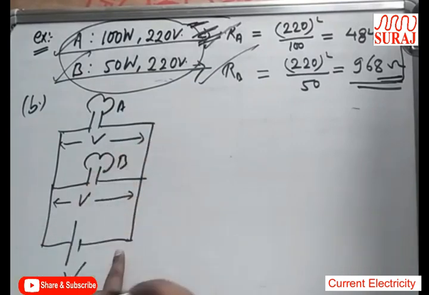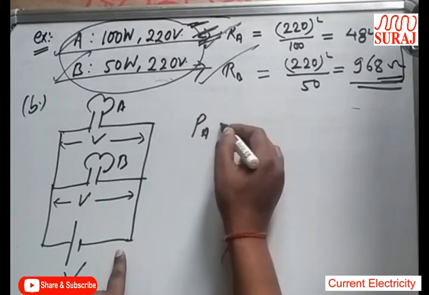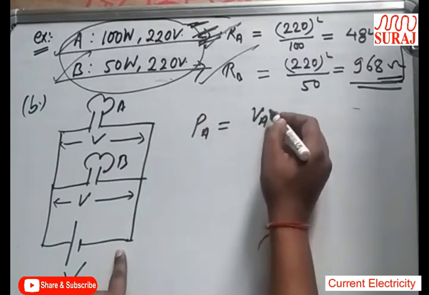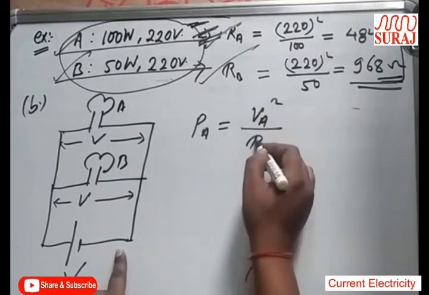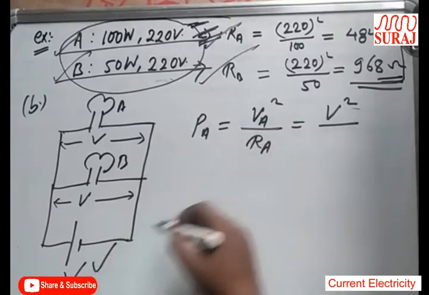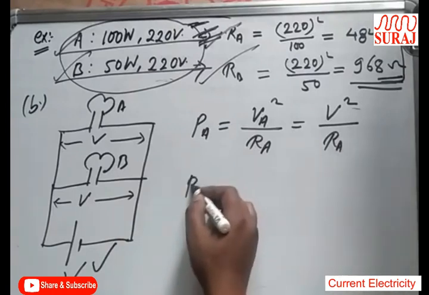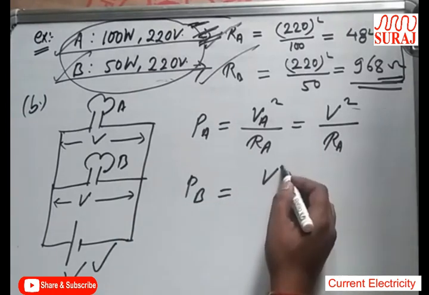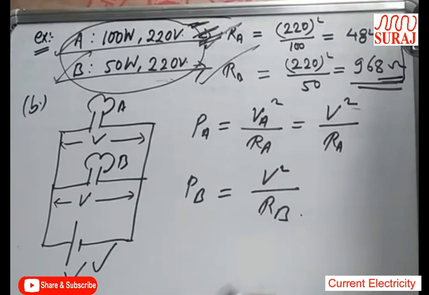Now in this case, the power dissipation in A can be written as V_A squared by R_A, where the voltage drop across A will be the same as the applied voltage. Similarly, the power dissipated in B will be written as V squared by R_B.